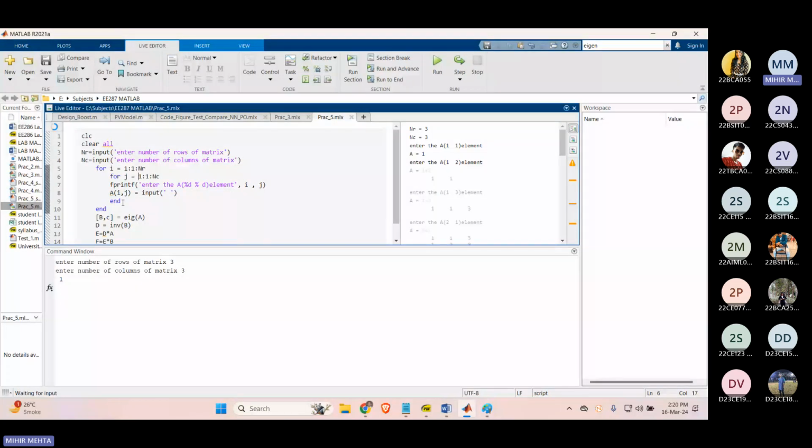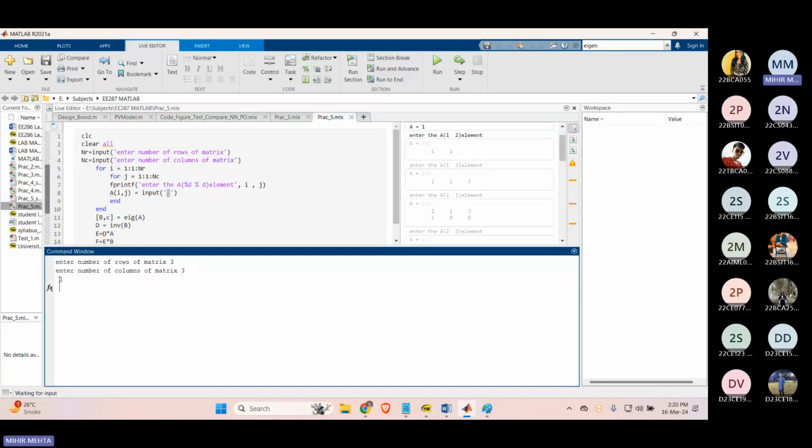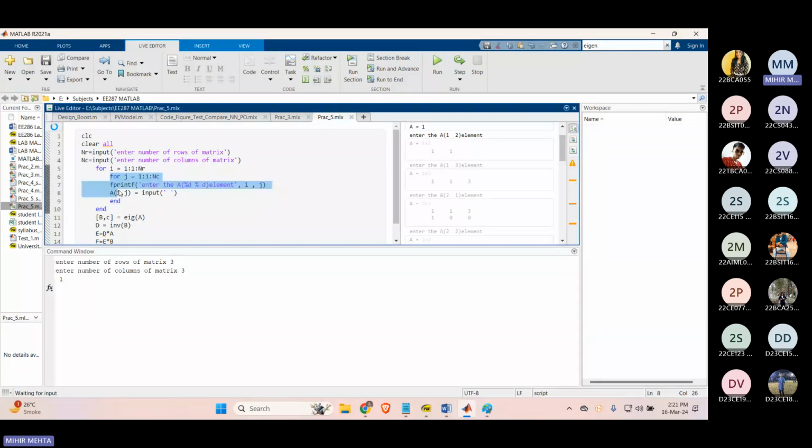Now see here you saw that it was saying enter the number of columns. Here there is nothing mentioned, that it says enter the value or something. So here you are simply shown the cursor and you entered your value as 1. Now this loop has run once. Understand?